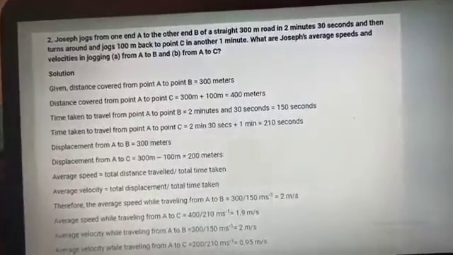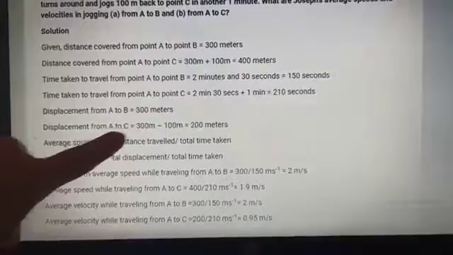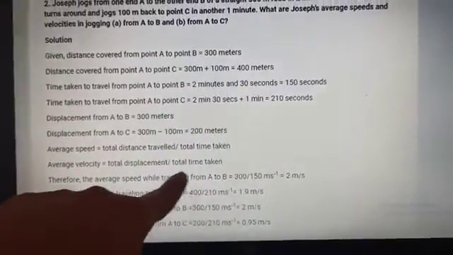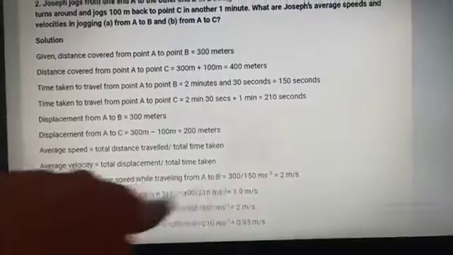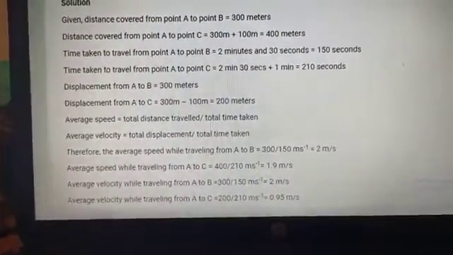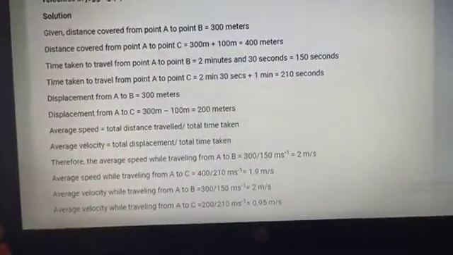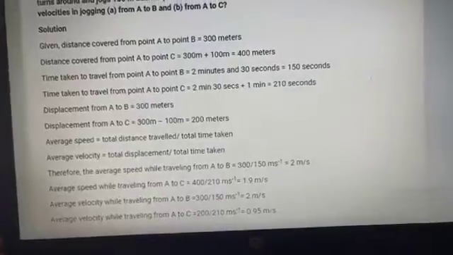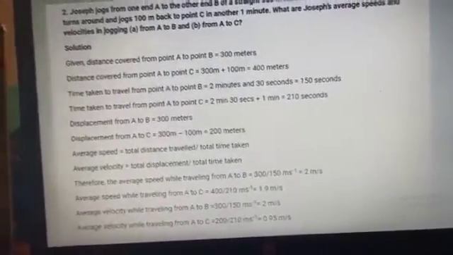So average speed is total distance traveled by total time taken. So average speed, distance traveled 300 by time taken 150, is equal to 2 meters per second, whereas average velocity while traveling from A to C will be 200 divided by 210, which is 0.95 meters per second.